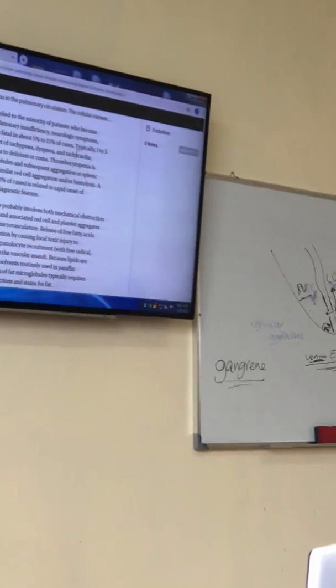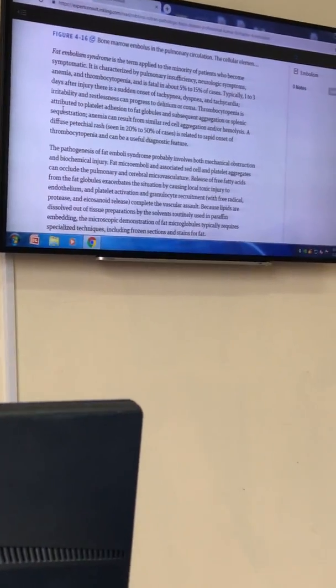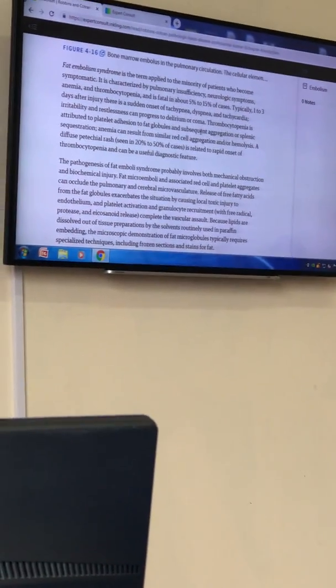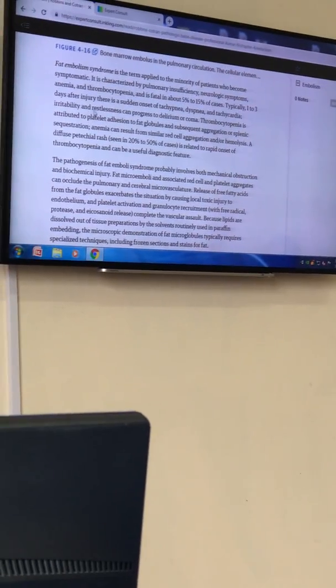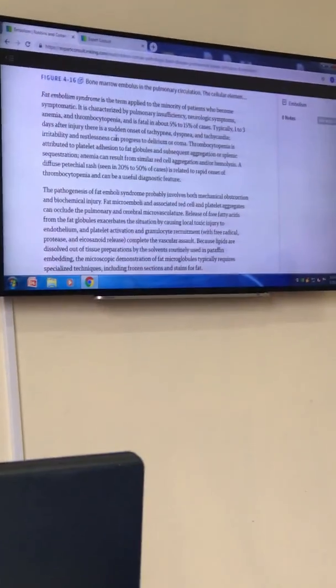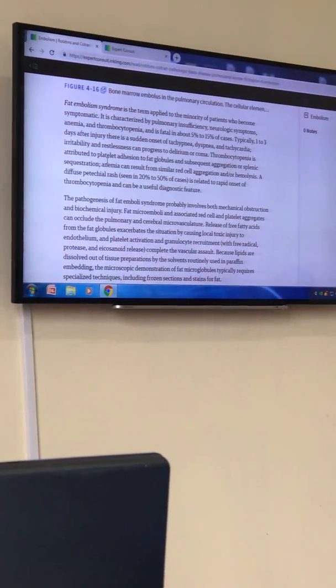So a fat embolism syndrome, typically 1 to 3 days after the injury, has these signs of dyspnea, tachypnea, tachycardia, which can progress to delirium and coma. And since the platelets are bound to that fatty tissue that is embolized, the number of platelets is decreased in the patient, which is called thrombocytopenia.